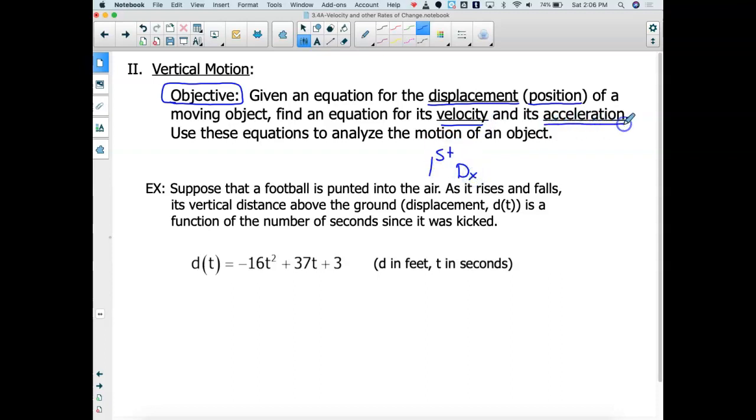Can you find an equation for acceleration? That would be the second derivative. And use these equations to analyze the motion of the object. Feet per second per second finds out how fast it's going, which direction, and all that.